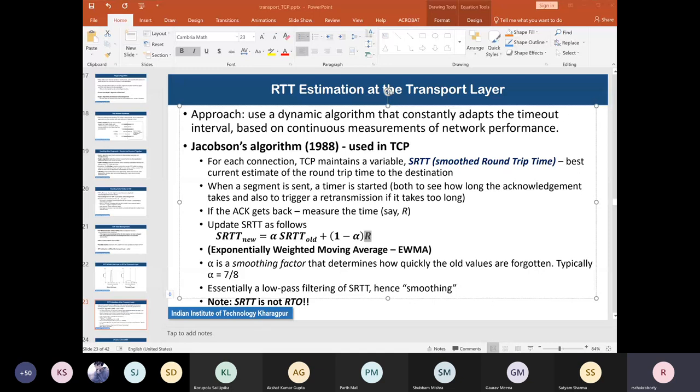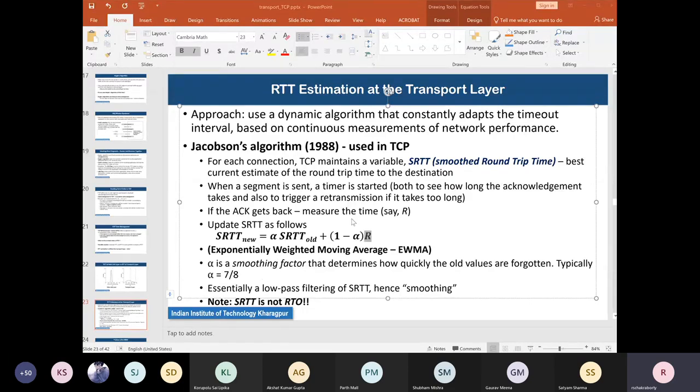Why does it decrease? Because both alpha and 1 minus alpha are smaller than 1. Typically, alpha is called a smoothing factor, and it is typically set to 7 by 8, so 1 minus alpha is 1 by 8. These factors determine how long you remember old R values and how much importance you give to new R values.